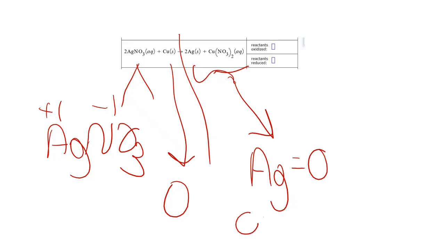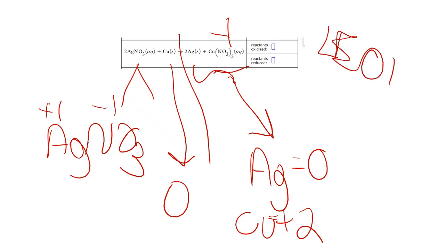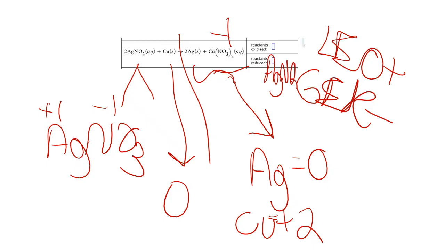Copper is a +2 because NO3 is a -1. So Ag's becoming more negative, so it's reduced. So I'm going to write the whole thing though, AgNO3, and then copper is oxidized because it's becoming more positive.